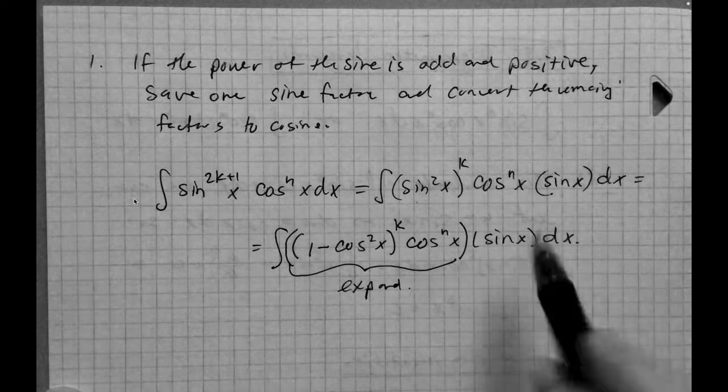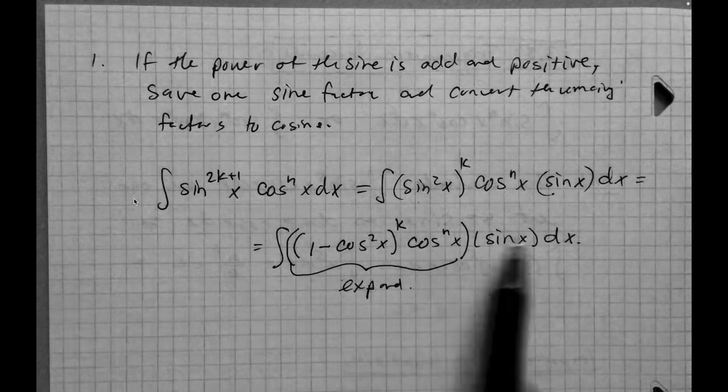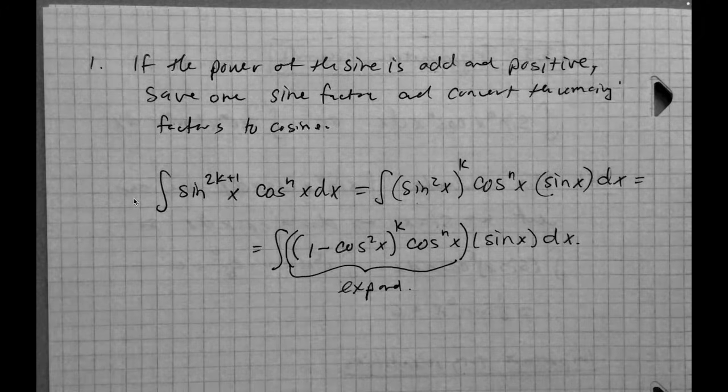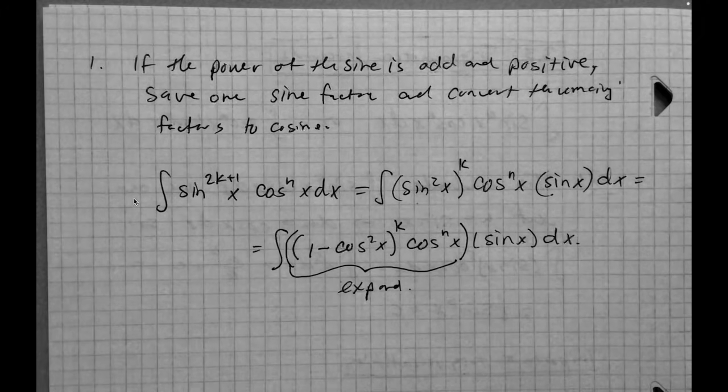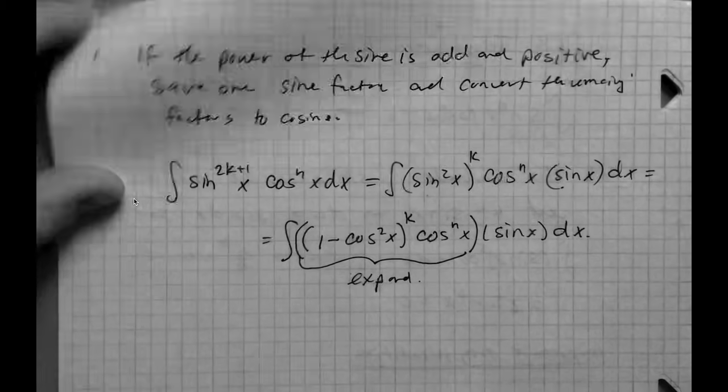Whatever happens to be the case with the cosines, we'll always have this sine that we can use as our du for any u substitution that might emerge. So let's do an example and see how this strategy works in practice.